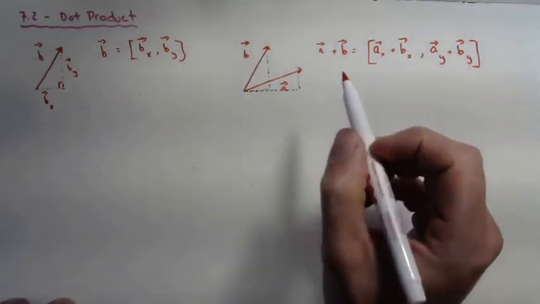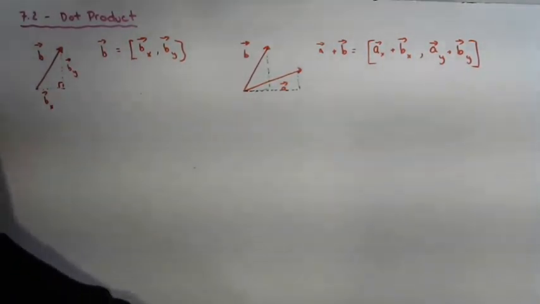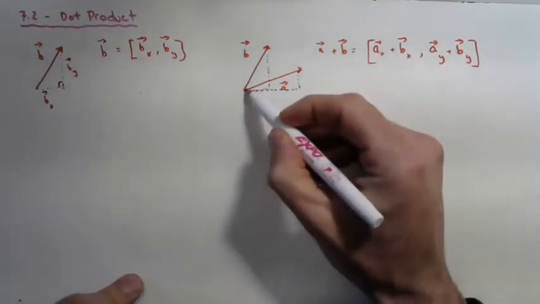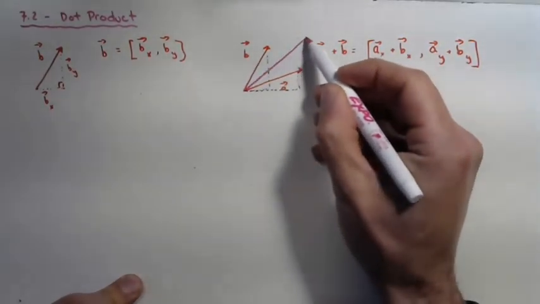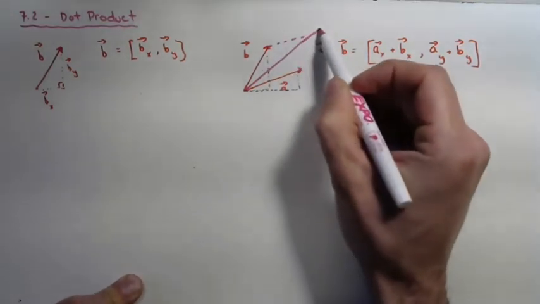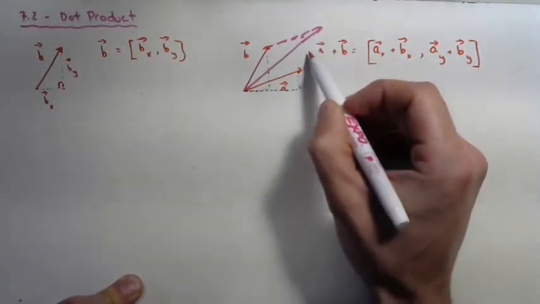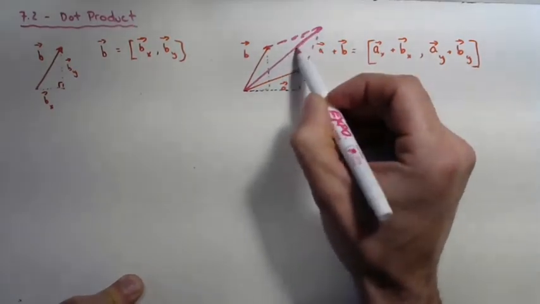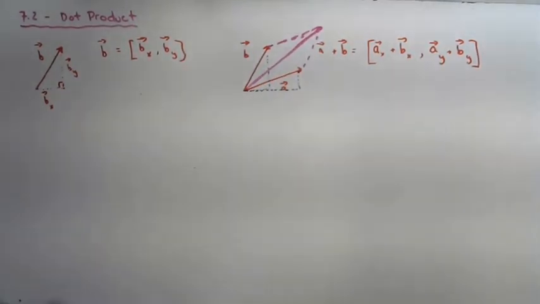And that would give us the resultant vector, right? The resultant vector a plus b. And that would look something like this, where we could finish our parallelogram components here, and then we would have the resultant vector a plus b.